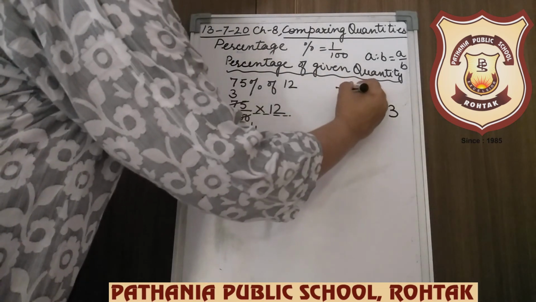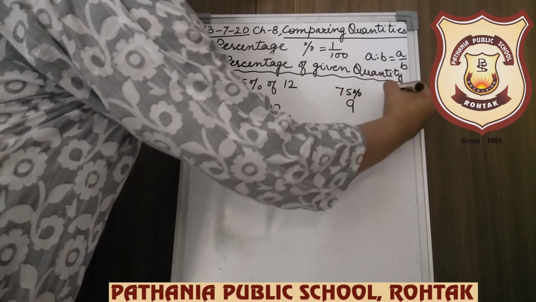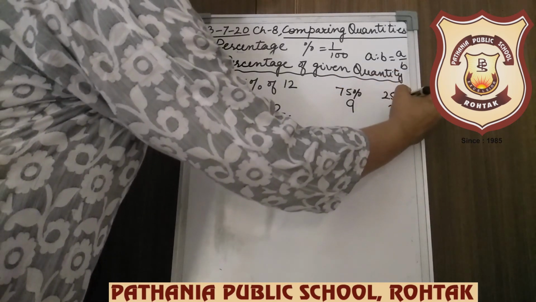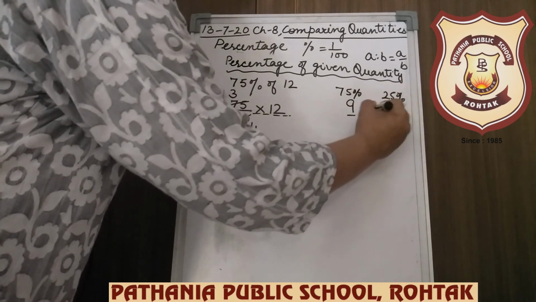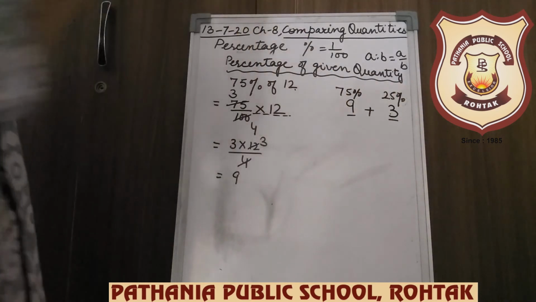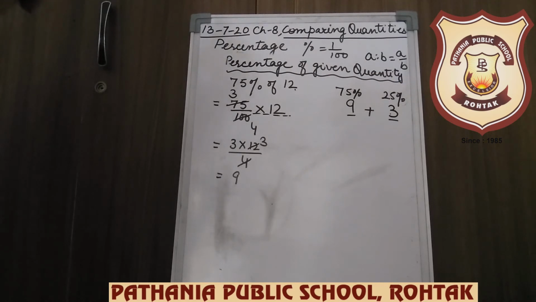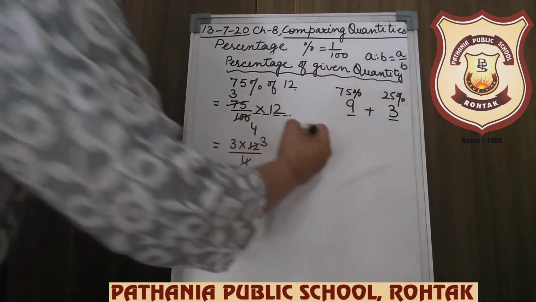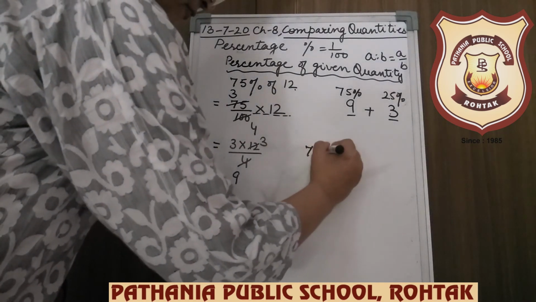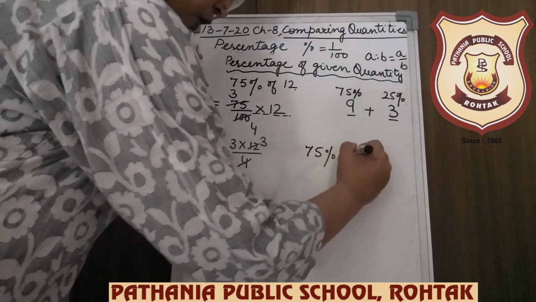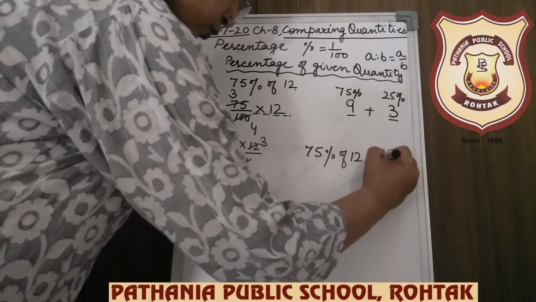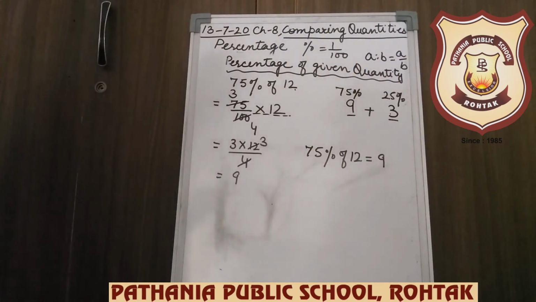So if this is 75%, the rest 25% is going to be 3, because total has to be 12. Is this thing clear to everyone? So you will write 75% of 12 is equal to 9.